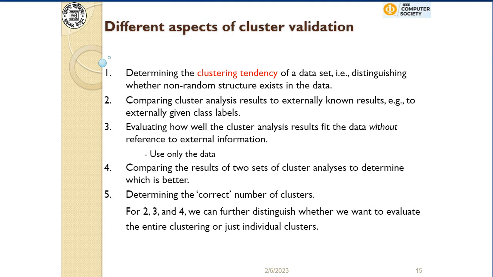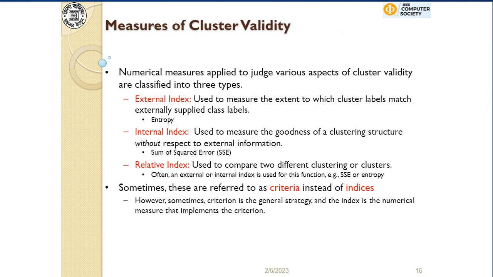So the objective is to devise an algorithm to find the correct number of clusters in any particular data set without having knowledge about the number of clusters beforehand, or about the labels of the data. You just feed the data to the algorithm, and the algorithm automatically finds out the correct number of clusters and then clusters the data. That makes the entire process automated in nature, and that will be the focus of this particular topic.